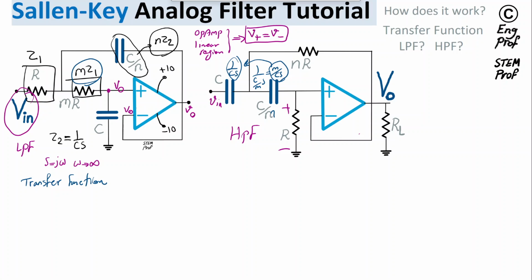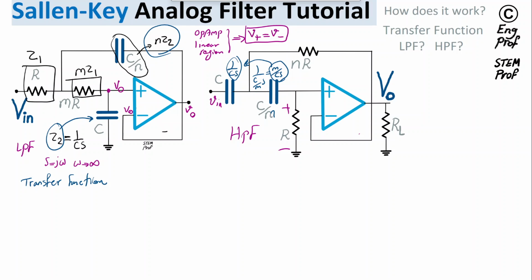So when I'm doing the analysis for finding the transfer function of the general form of, say, Z1, MZ1, and then Z2 and NZ2 for this one, whatever analysis I do is also applicable for the second topology as well.